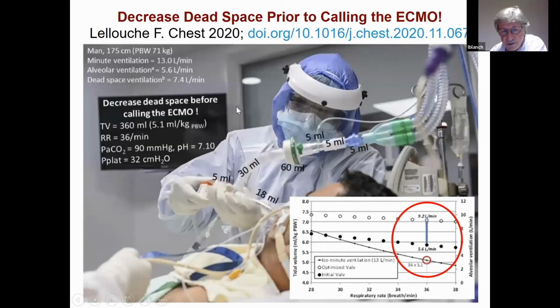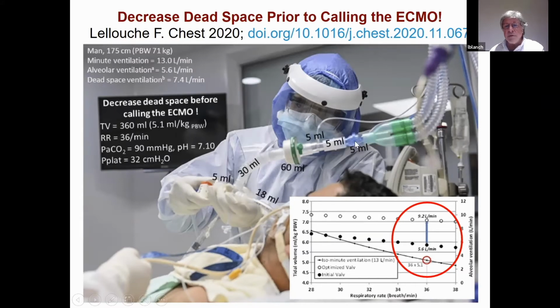So again, this is an interesting letter in Chest. Let's say, decrease dead space before going to ECMO. And this is clearly what happened. This patient here is ventilated with protective mechanical ventilation, which is low tidal volume, 5.1 mL per kilogram, but has this amount of instrumental dead space, which is 5 plus 5 plus 5 plus 60 plus 30 plus 18 plus 5.